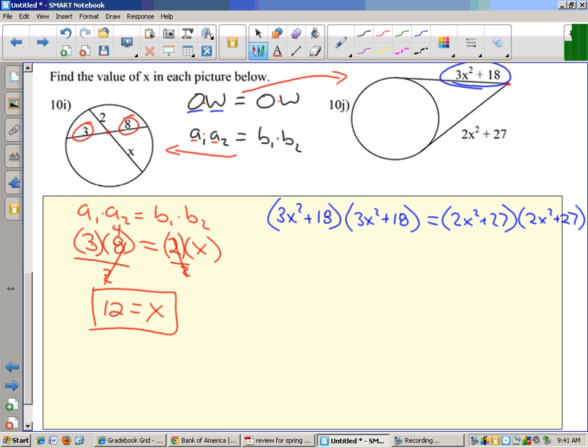What's 5 times 5? What's another way to say that? 5 squared. What's x times x? What's dog times dog? So 5 times 5 is 5 squared. X times x is x squared. Dog times dog is dog squared. 3x squared plus 18 times 3x squared plus 18 is what?